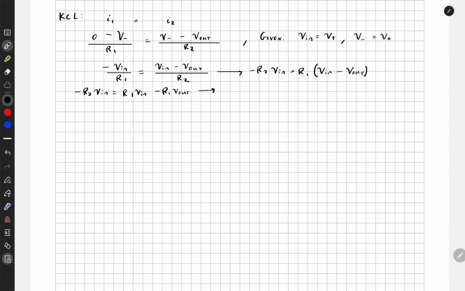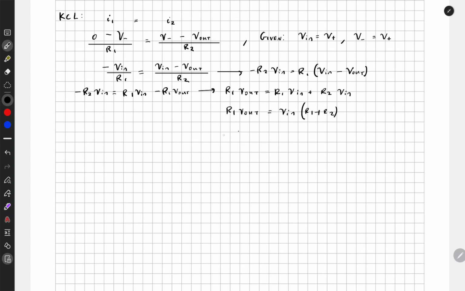So we can do R1 V out is equal to R1 V in plus R2 V in. All I did was move this to here, and then move this to there. So R1 V out is equal to V in times (R1 plus R2).